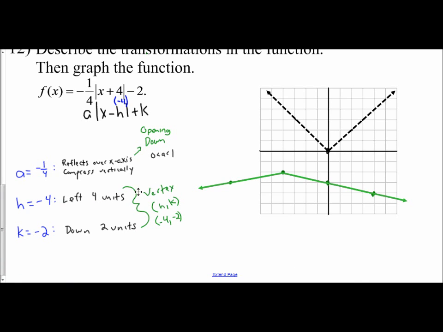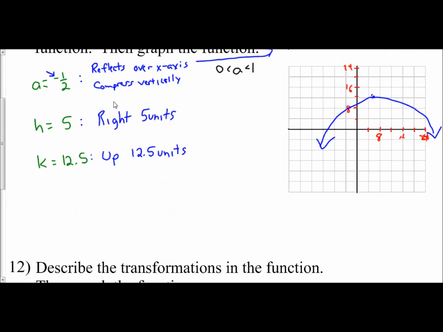The nice thing about finding your h and k is it gives you the coordinate of your vertex. That's also true for quadratics. If I look at this, my h and my k values were 5 and 12.5. So my vertex is my h and my k, 5, 12.5.